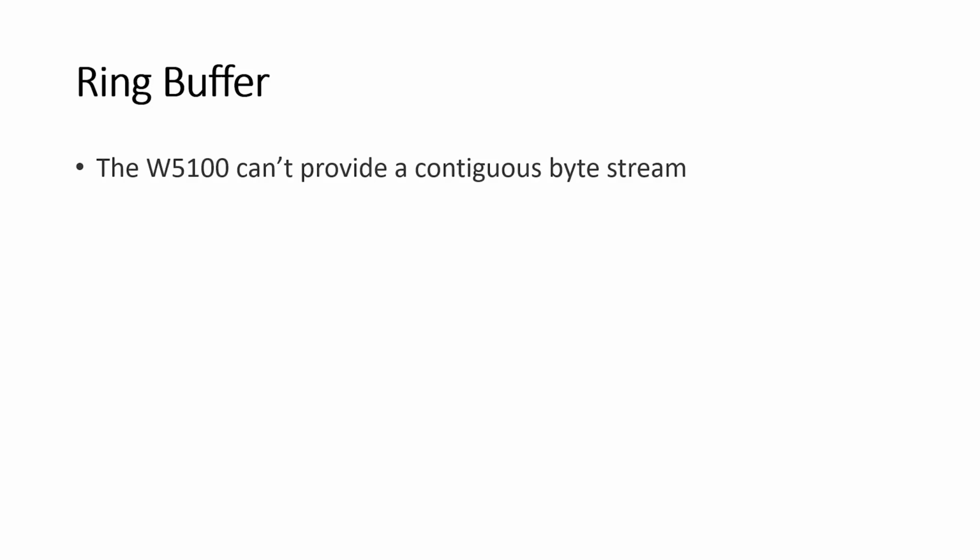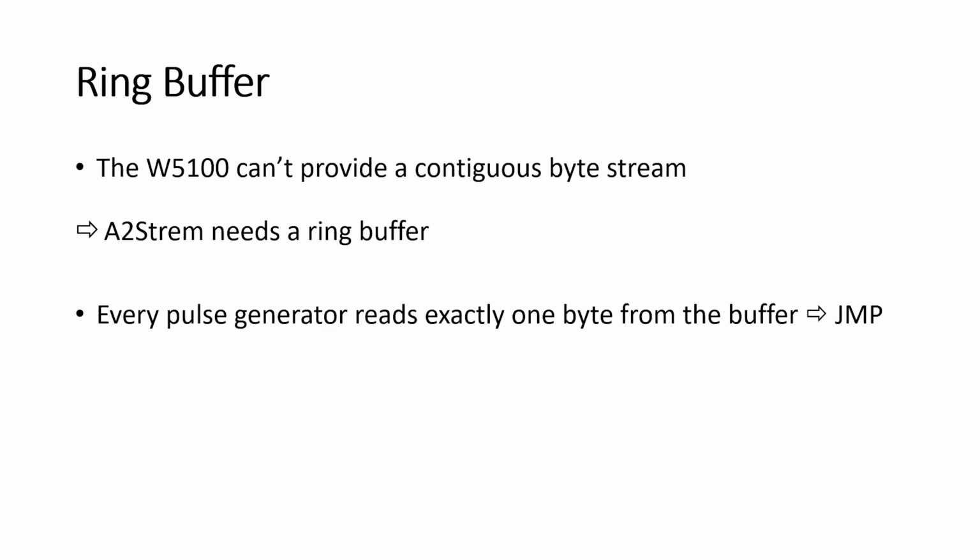Now for the second part of the solution. As we've seen, the W5100 can't provide a continuous byte stream to us. So we need a ring buffer in the Apple II memory. Every pulse generator reads exactly 1 byte from the buffer because every pulse generator needs to modify the jump target high byte before it jumps.